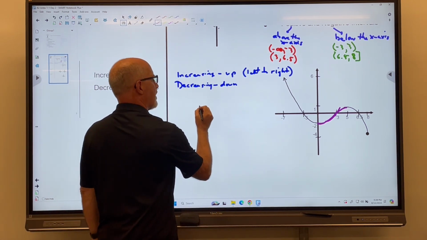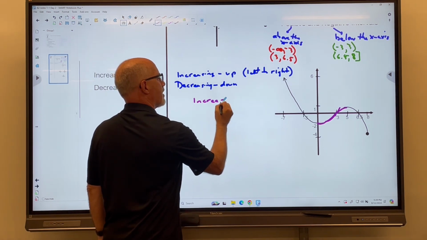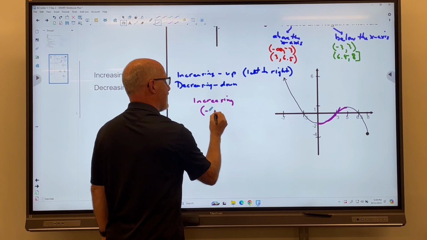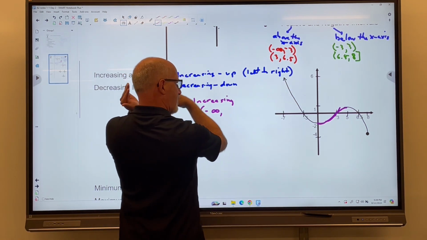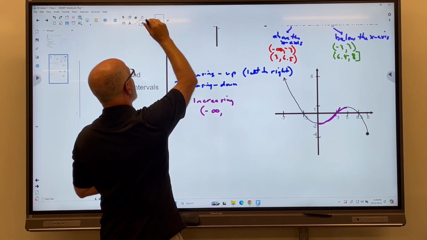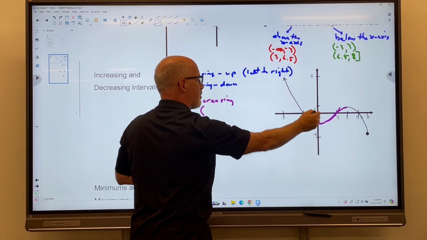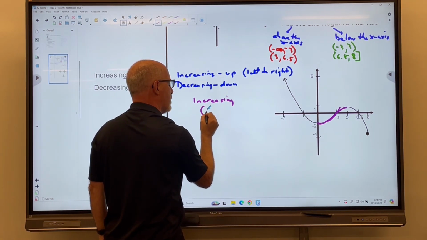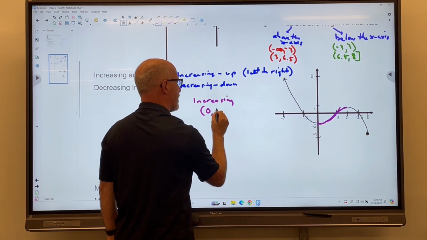So when I talk about increasing, it's going to be increasing from... I'm sorry, that's the decreasing part. So increasing starts at an x value of 0, and it goes to an x value of 5, where it's increasing.